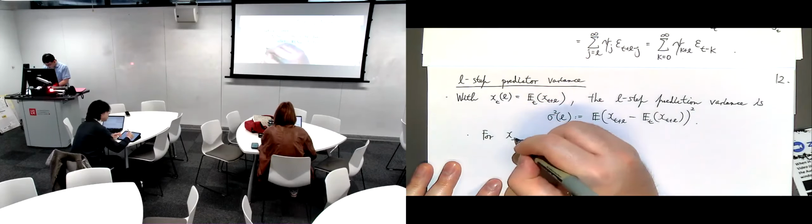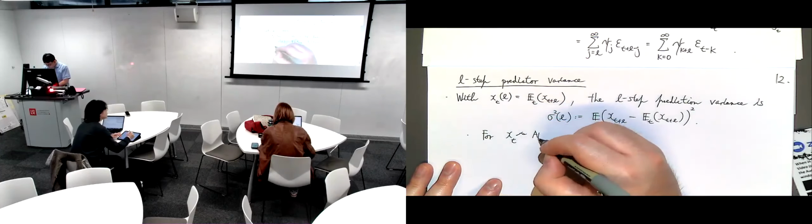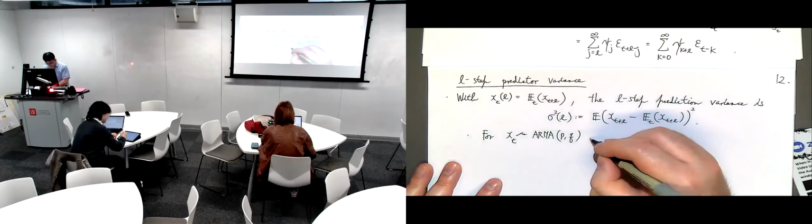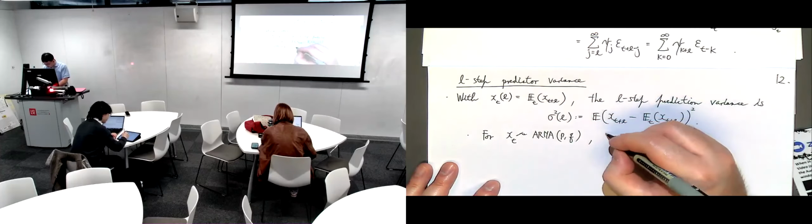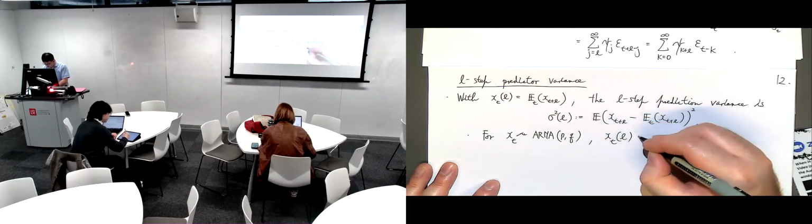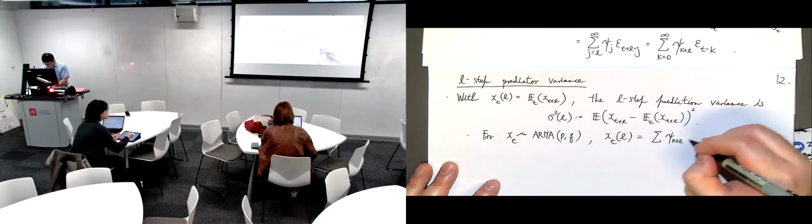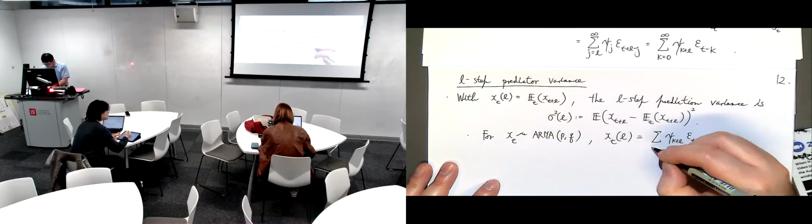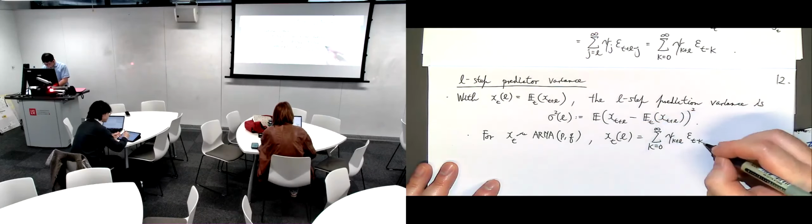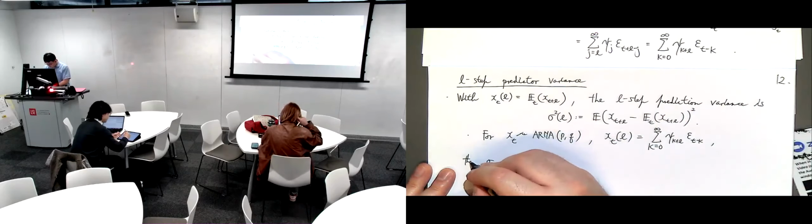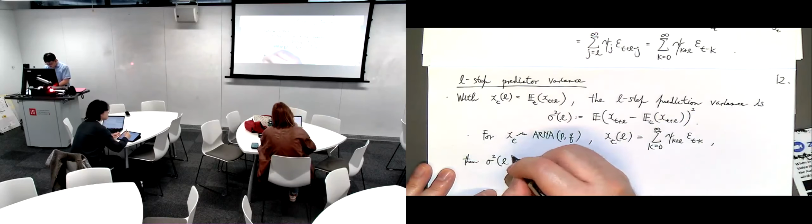So for this ARMA model, your x_t bracket L, we just proved that this is the sum of psi_{k+L} epsilon_{t-k}, right? Then what is your L-step prediction variance?